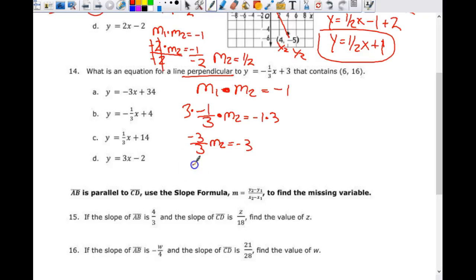Negative 1. So negative 1 m2 is equal to negative 3. Divide both sides by negative 1, and we get m is equal to negative 3 divided by negative 1, which is just 3. So we figured out the slope.